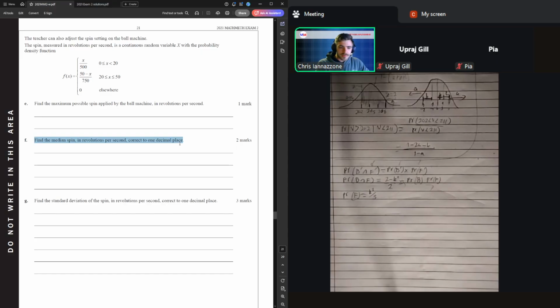But yeah, flying through them. Next up, median spin. So that'll be something, it's probably not on the formula sheet, but definitely in your bound reference somewhere, I should hope. Median spin in revolutions per second becomes a bit more challenging when you have a 3-stage piecewise.